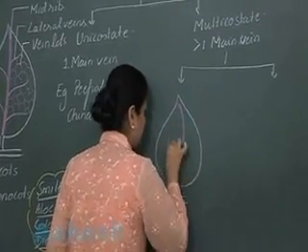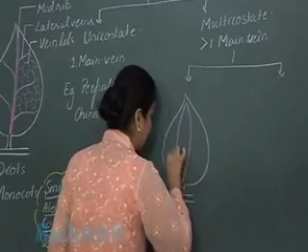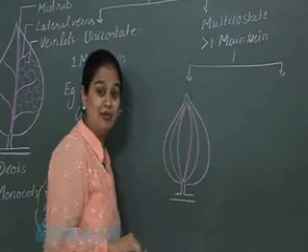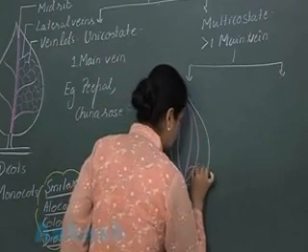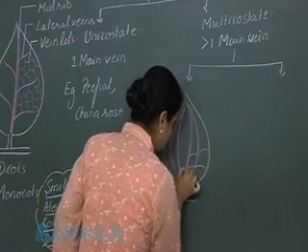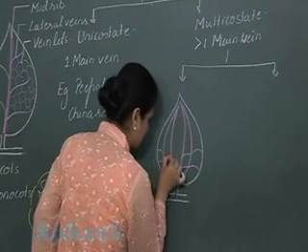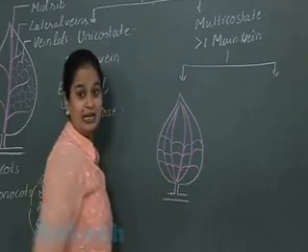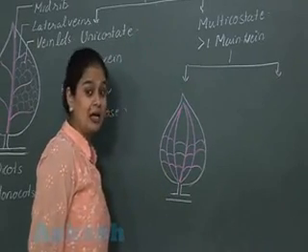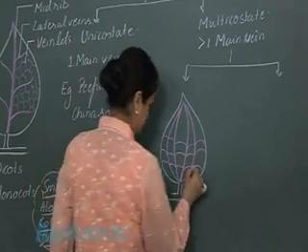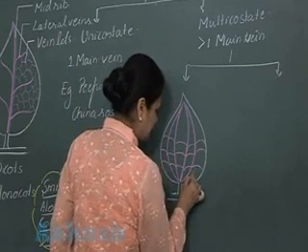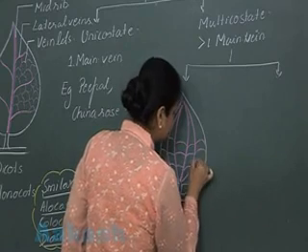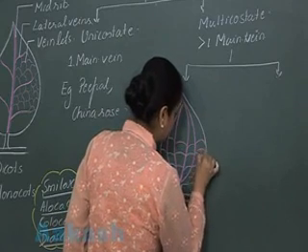From the base several main veins are arising, राइट. और इस मेन वेन से अराइज होंगी लेटरल वेन्स. सो यस, दीज आर दी लेटरल वेन्स. और इन लेटरल वेन्स को कौन जोड़ेगा? नेटवर्क, रेटिकुलेशन. So the veinlets are going to form the reticulation. राइट.